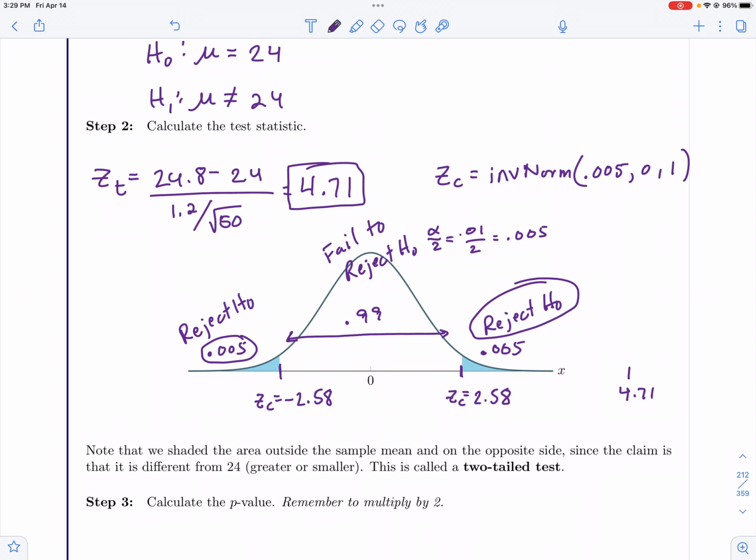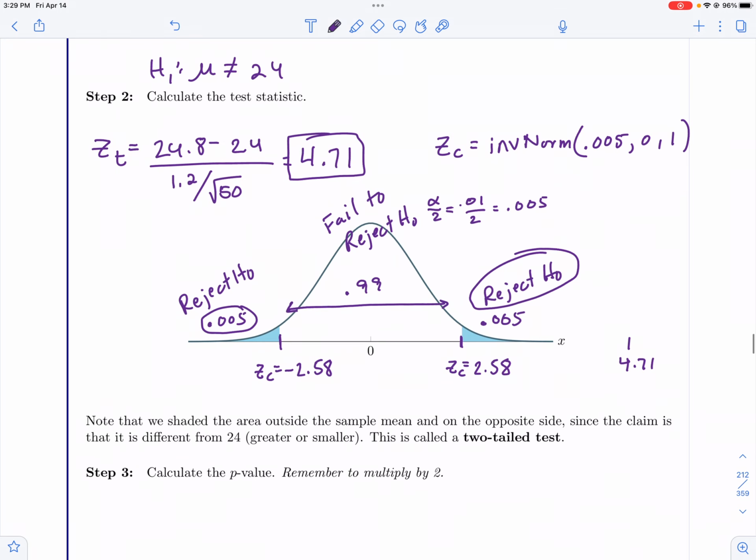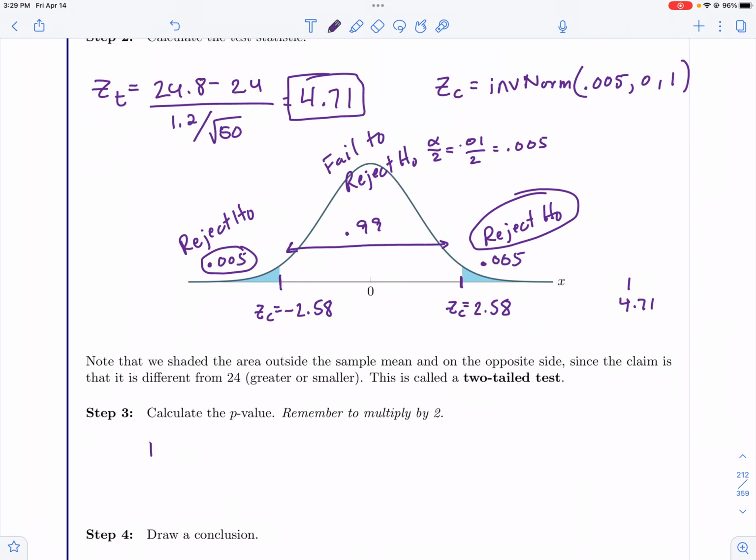All right, so now let's calculate our p-value and verify that this really is less than our alpha of 0.01. So to calculate our p-value, we're going to do our normal CDF of our 4.71. Since it's on the upper side, I want to calculate this as the lower bound.